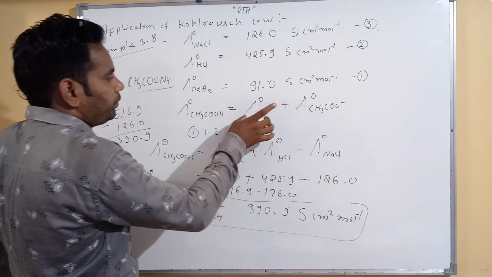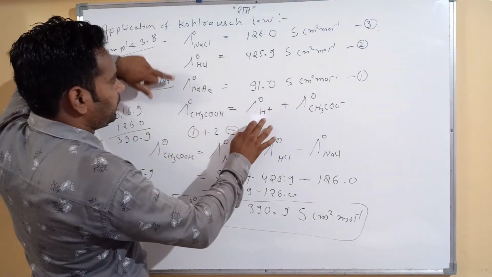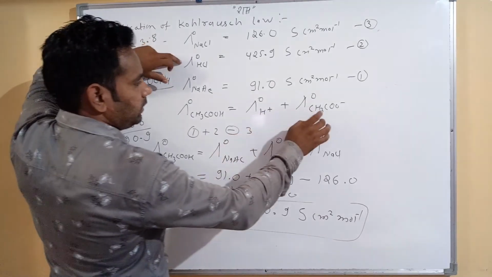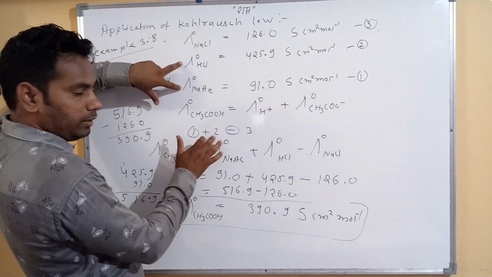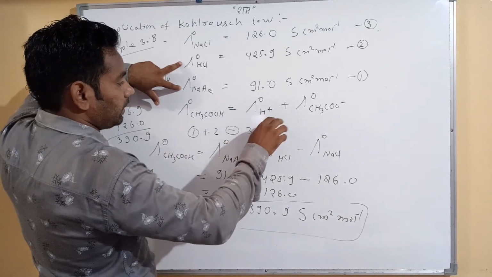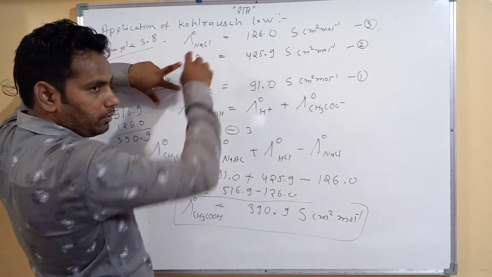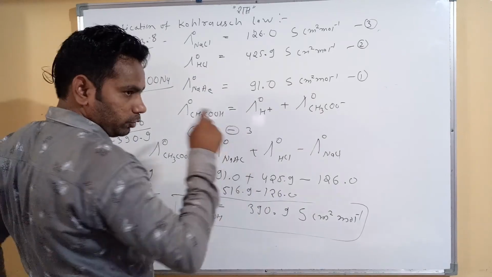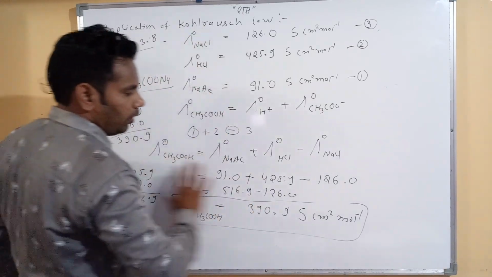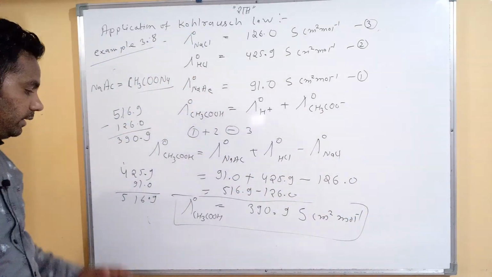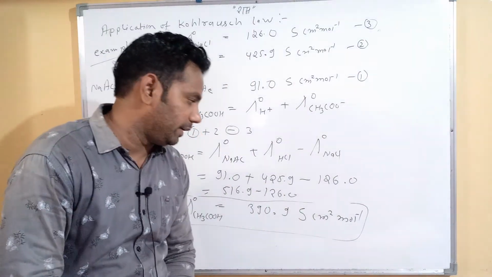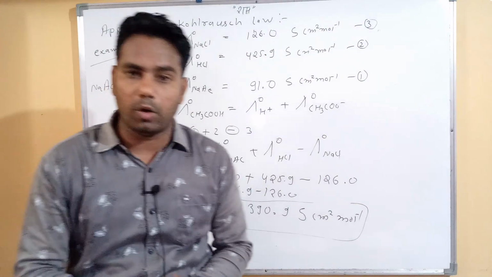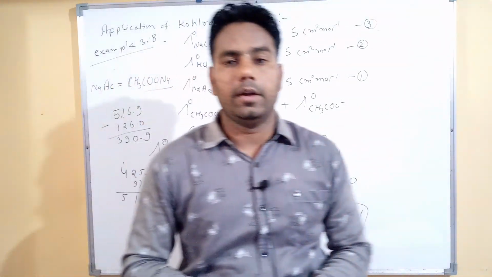H plus ions are given by the second equation, acetate ion by the first equation. So I add equations 1 and 2, and NaCl is not needed for it, so minus 3. We put the values of all the data and get the answer 390.9 Siemens centimeter square mole inverse. I think it's very easy.